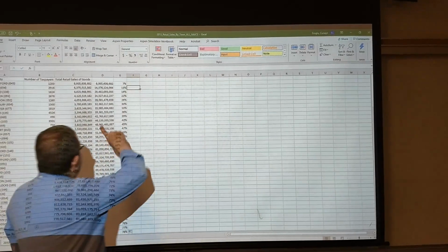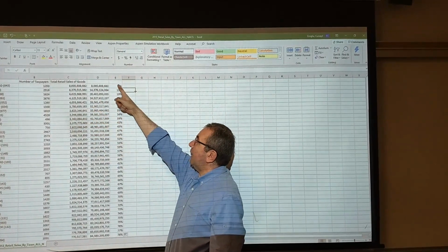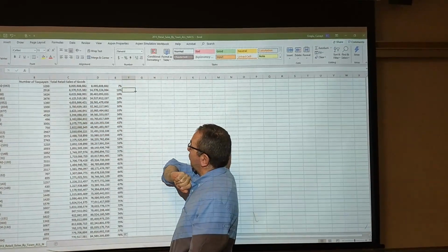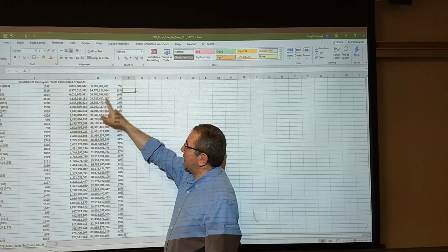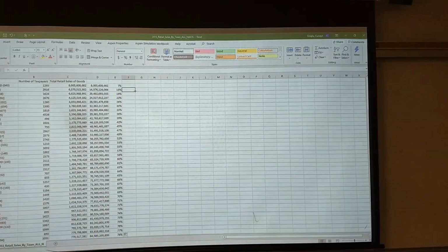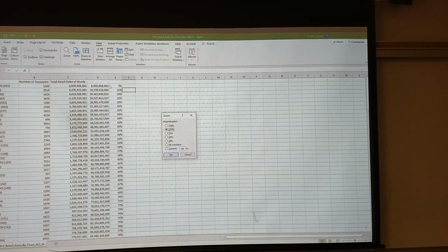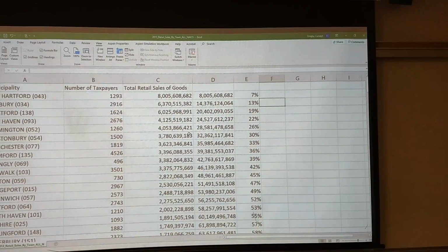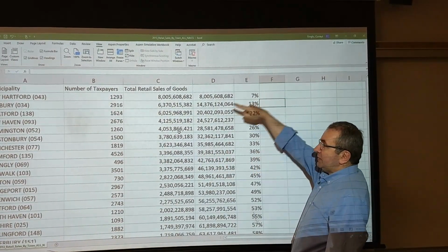So the highest selling municipality accounts for 7% of the total sales. The first two, 1 and 2, account for 13%. Let me magnify this. So the first municipality accounts for 7%.